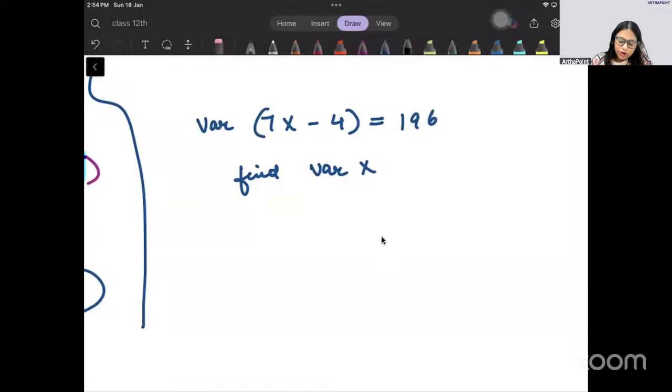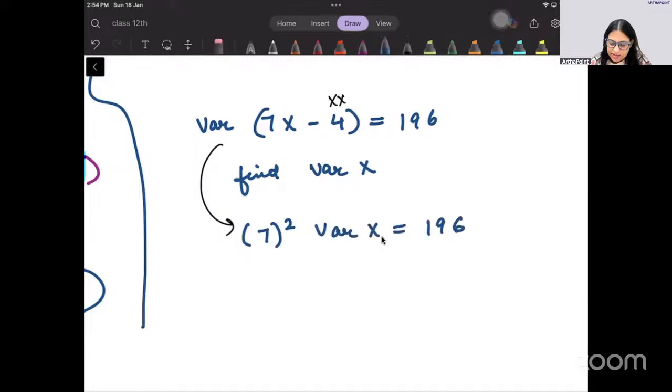So what does it mean? This is origin; change of origin does not make a difference. So change of scale means 7 squared variance of X is 196. So variance of X will be 196 divided by 49. That's it.